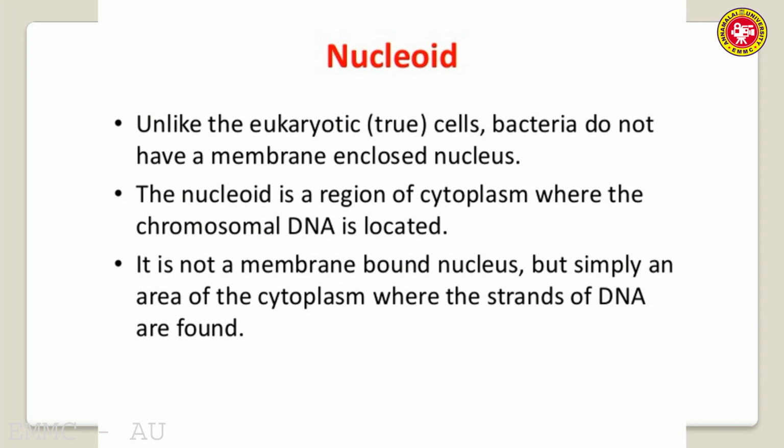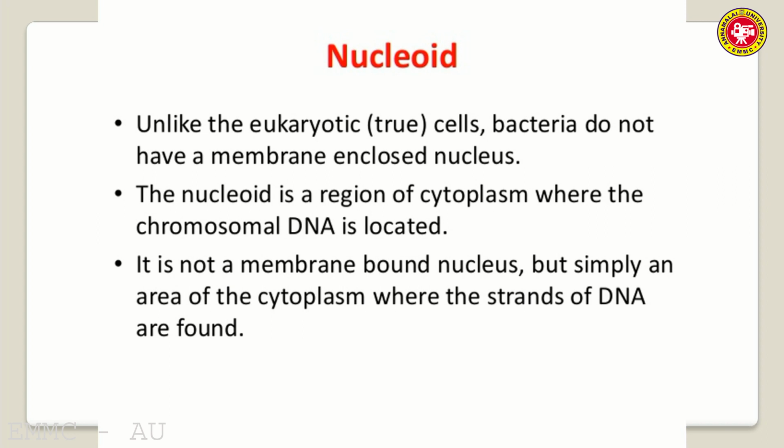Nucleus. In bacteria, it is called the bacterial chromosome or bacterial nucleus. In eukaryotes, it is called a nucleus. The eukaryotic nucleus has an outer membrane, but the bacterial nucleus does not have any outer membrane. The nuclear region of the cytoplasm holds the chromosomal DNA.